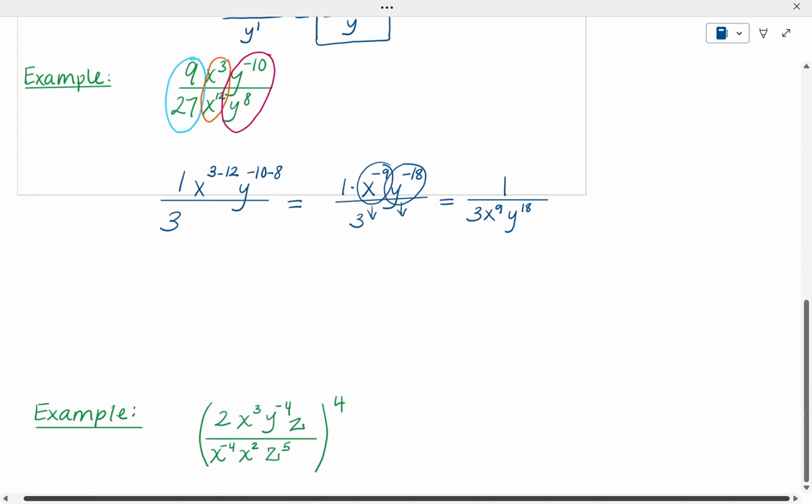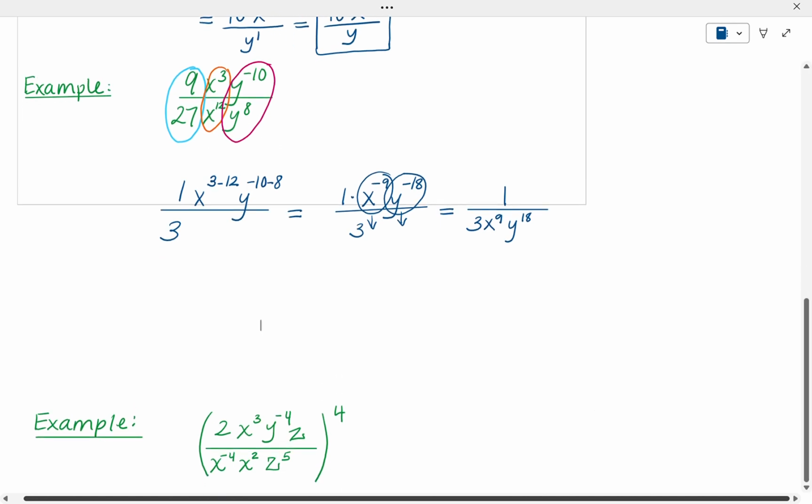All the exponents are positive, and we're only left with one of the variable x and one of the variable y. So we're done. So we could say that 9 times x cubed times y to the negative 10 over 27 times x to the 12th times y to the 8th equals 1 over 3 times x to the 9th times y to the 18th.